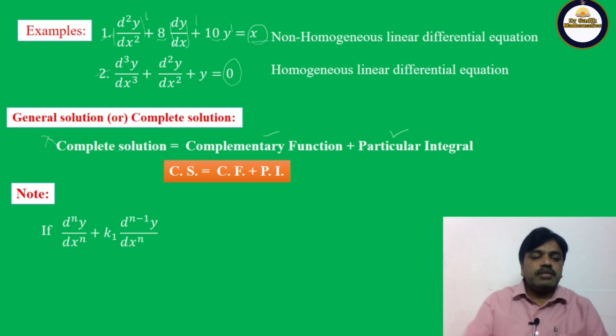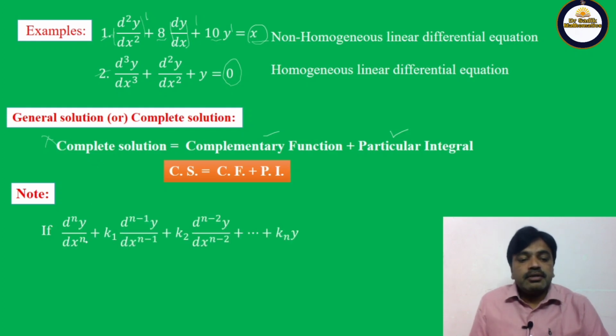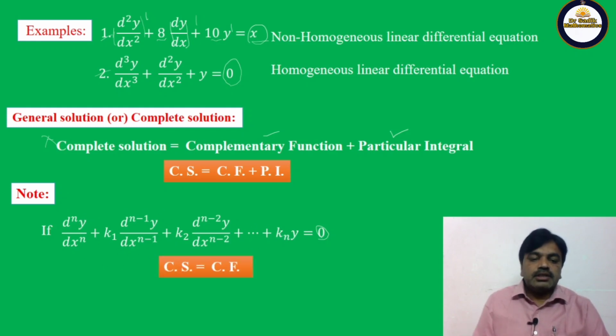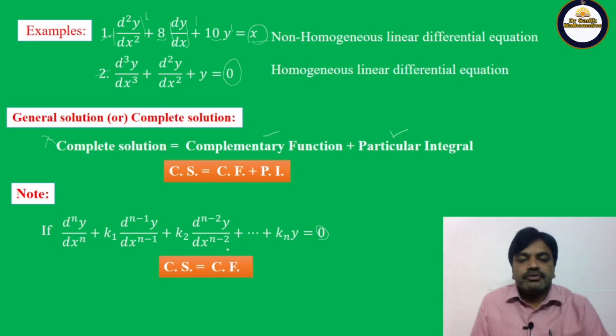If d to the power n y by dx to the power n plus k1 d to the power n minus 1 y by dx to the power n minus 1 plus k2 d to the power n minus 2 y by dx to the power n minus 2 plus and so on plus kn y is equal to 0, and you observe that we have 0 here, then for such types of equations the complete solution is only the complementary function. We have to find only the complementary function.